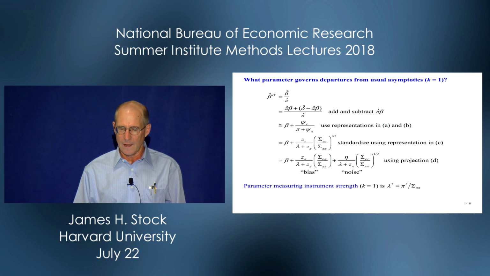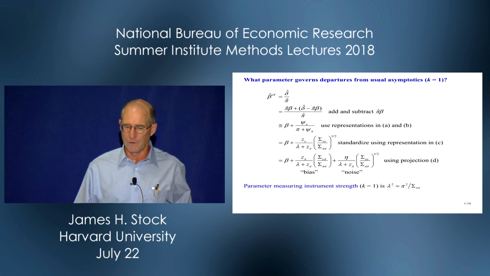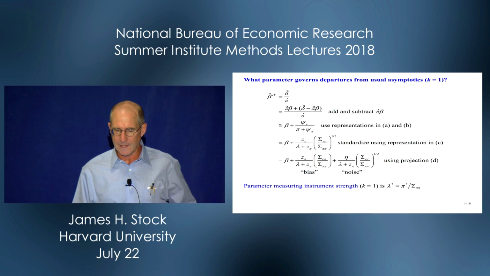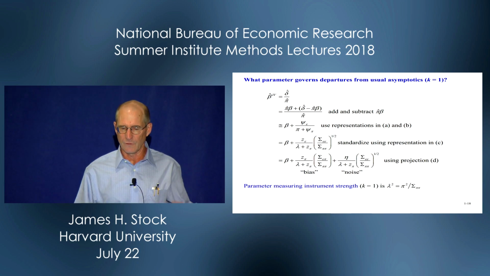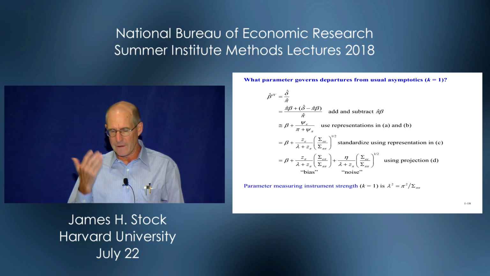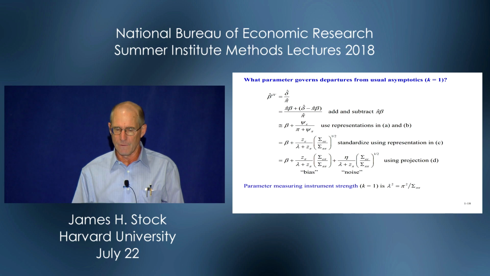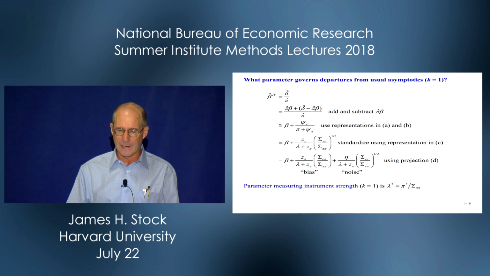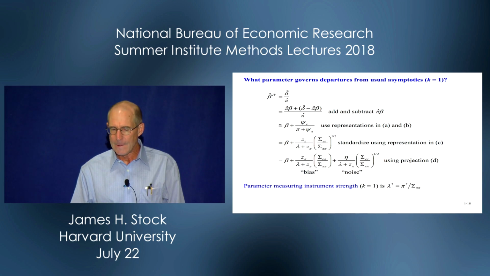Now I'm going to do this projection, and the reason is that right now this is a pretty informative thing because it says that the IV estimator is the true thing plus a ratio of normal variables. One of them has mean 0 in the numerator, and the other one has mean lambda in the denominator times a scaling factor.